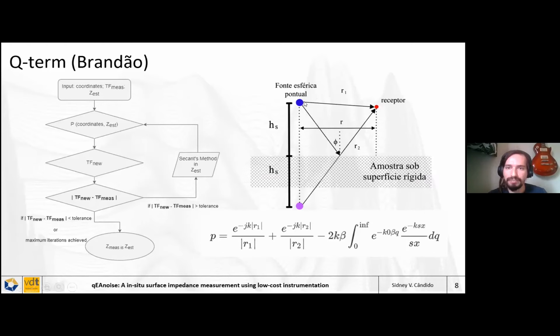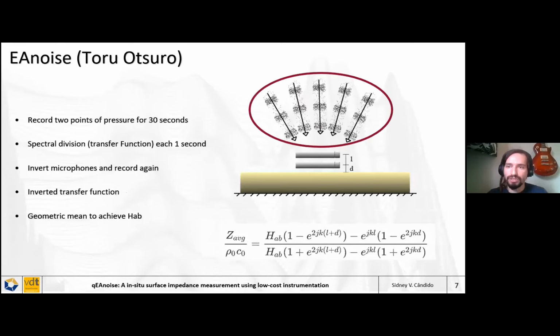You have a source, the incident wave pressure is this term, the reflected wave pressure is generated by this term, and this last term is the dissipation energy caused by the sample, assuming locally reactive samples. So in this method, we are also assuming locally reactive samples, because no matter the angle of incidence, the wave always enters the sample with normal incidence.